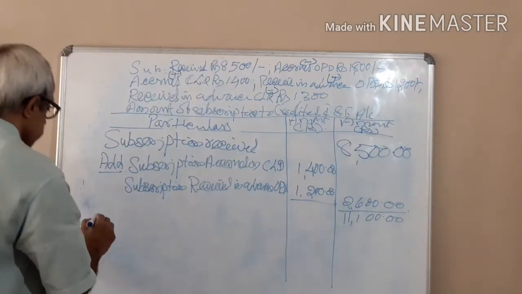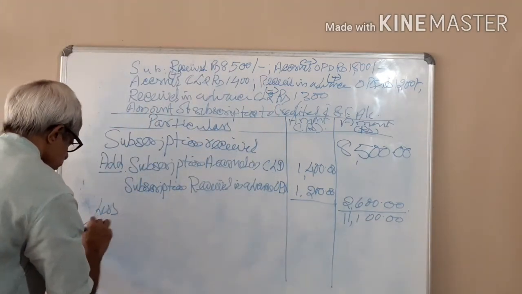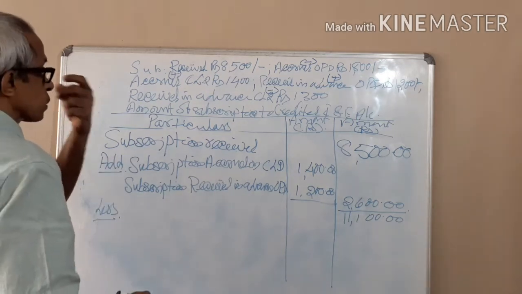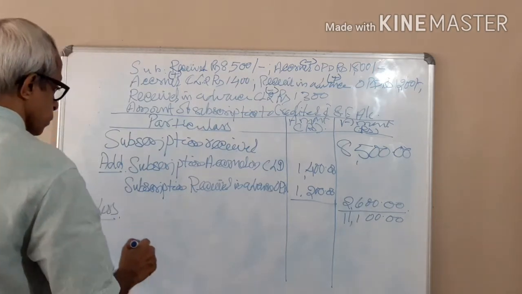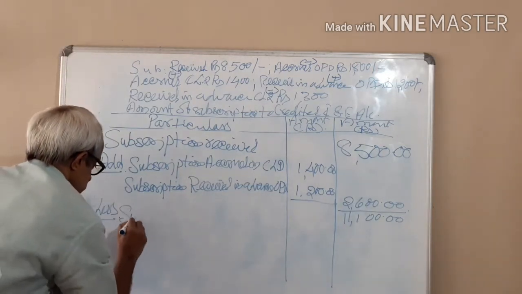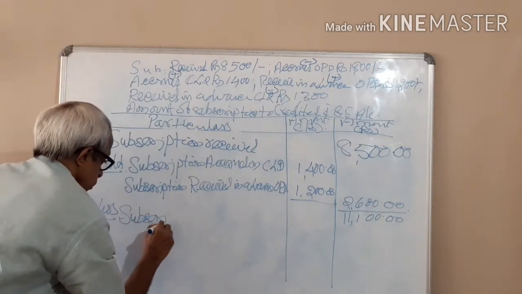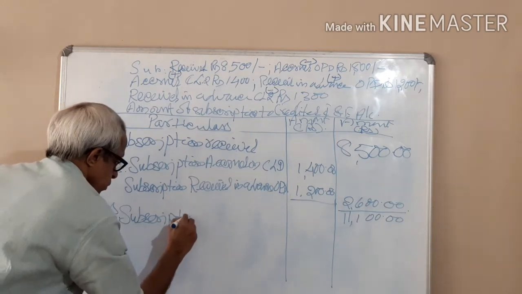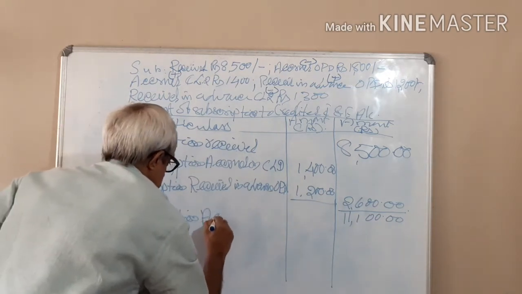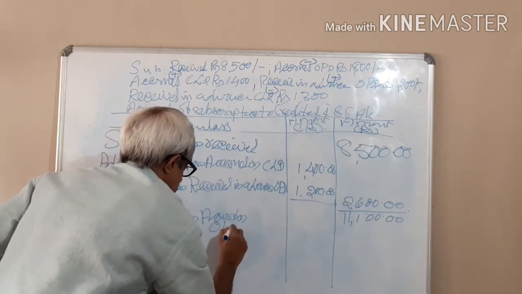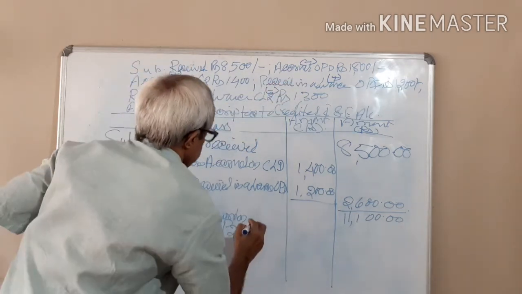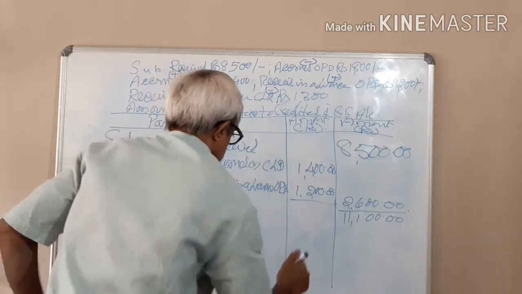And next items to be deducted. First one is subscription accrued on opening date. That is 1,800.